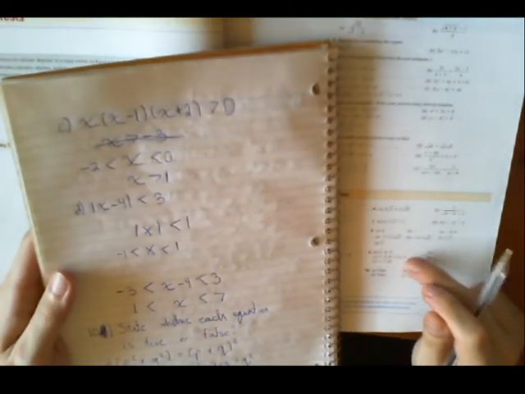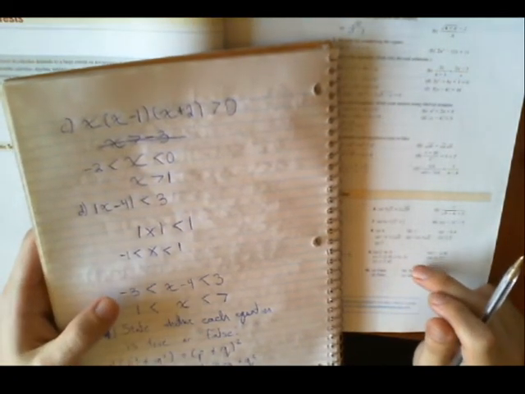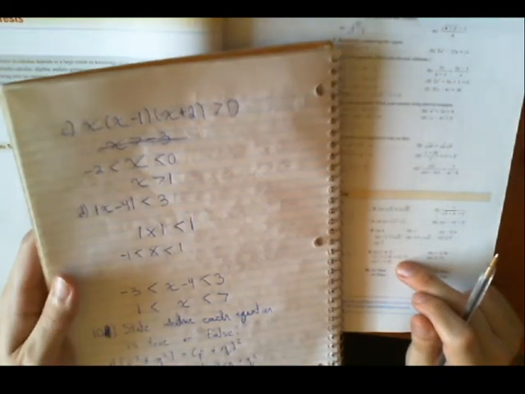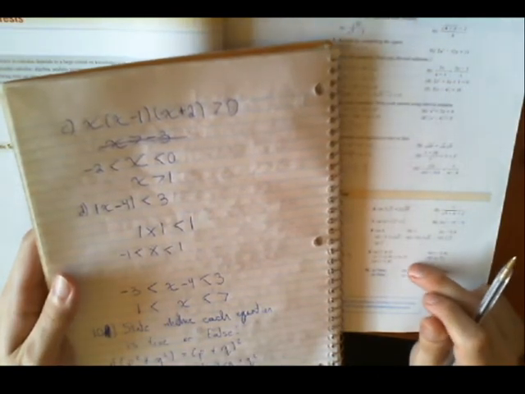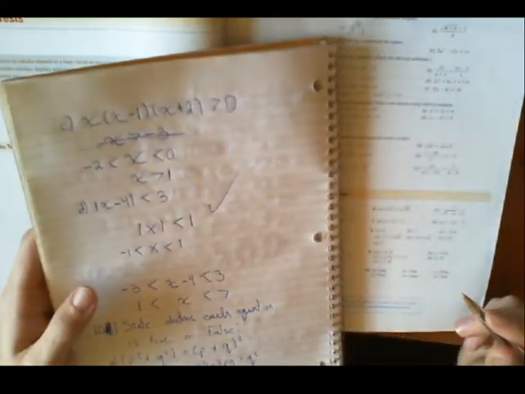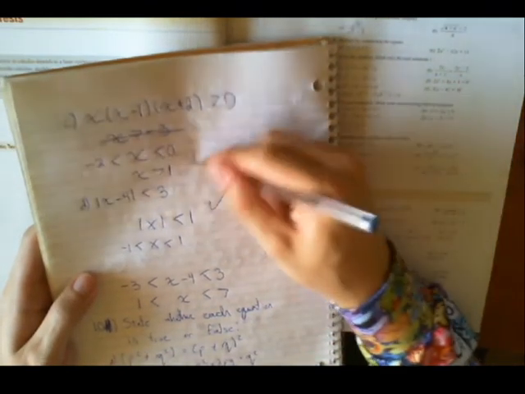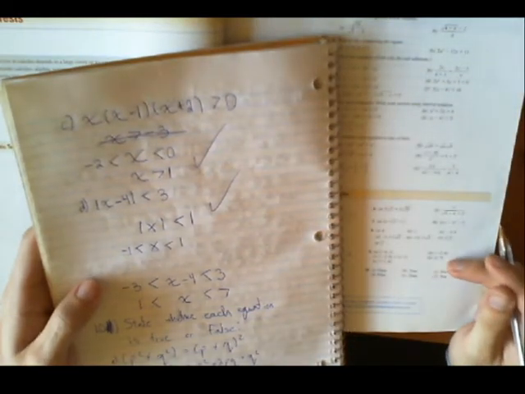Okay, 9C. Yeah, this one's correct. -2 to 0 and greater than 1. So that's correct. Right, so I mean, this one's correct. D, 1 to 7. So that's correct again.